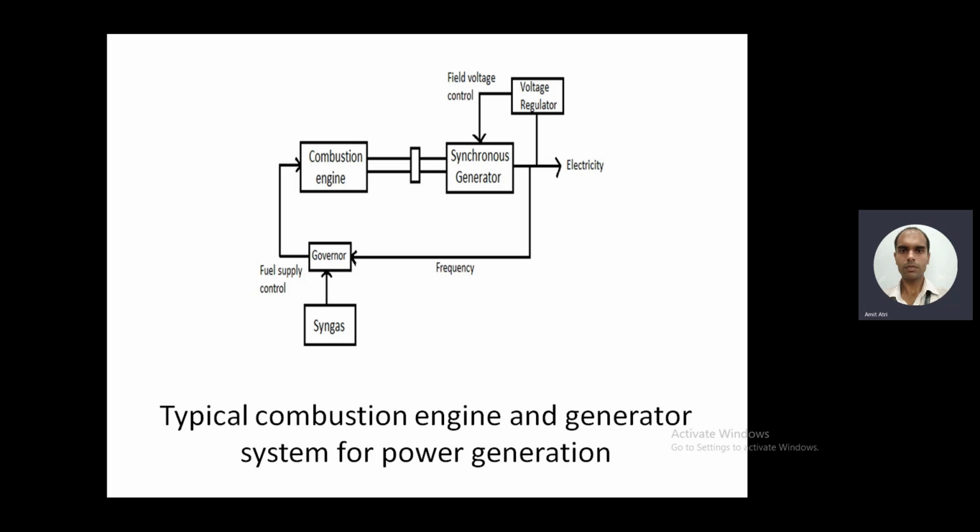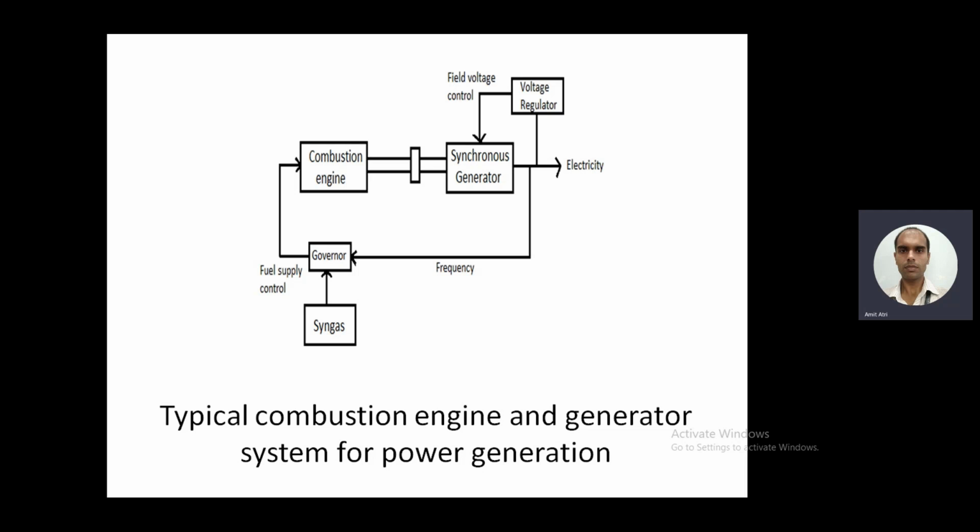If the power generated is higher, or the load reduces, meaning generation is higher than the power demand, that causes an increase in the system frequency. And when the load increases, meaning the power demand is higher than the power generation, that causes a decrease in the system frequency.